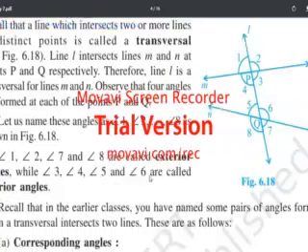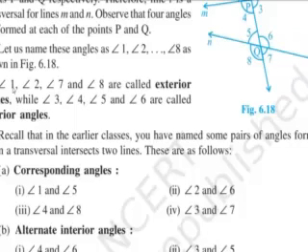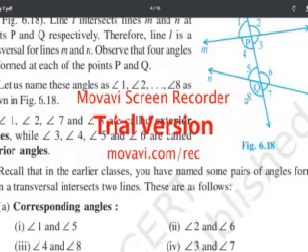So angles 1, 2, 7 and 8 are called exterior angles, since these are outside, while 3, 4, 5 and 6 are inside the two lines, so these are called interior angles.